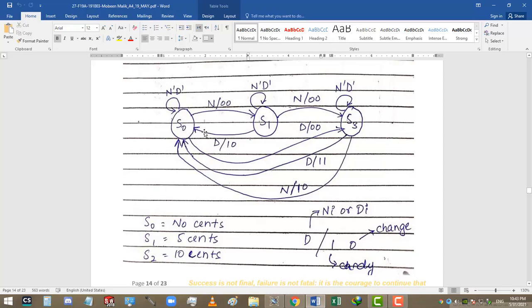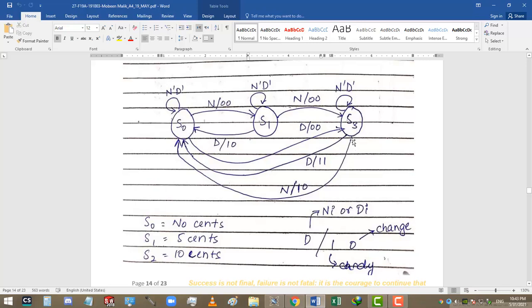Now if I put 2 dimes in it, the first makes it go directly to the state represented as 2. I have mistakenly written it as S3 here. This basically is S2.